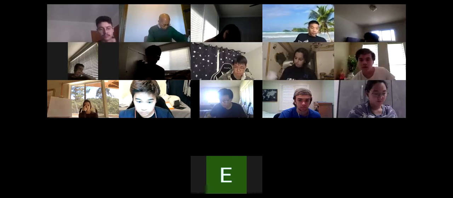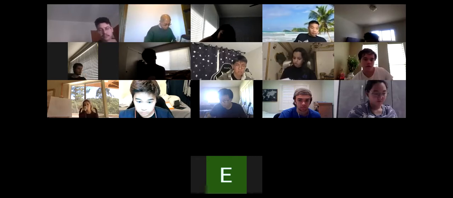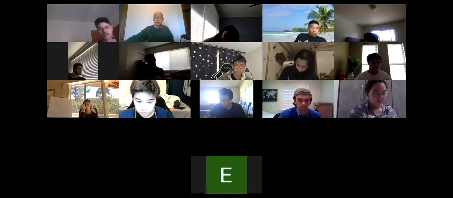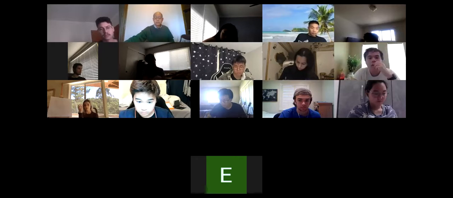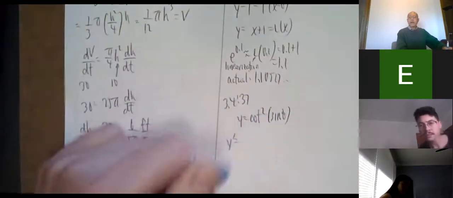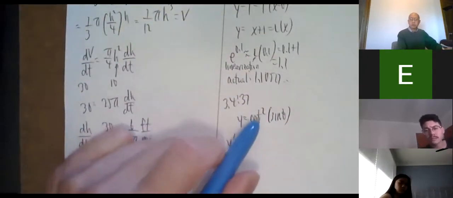y equals cotangent squared of sine theta. Okay, so Prasanna got it, but I'll write it in symbols because I know you can't do that there. The outermost function is the squaring function.